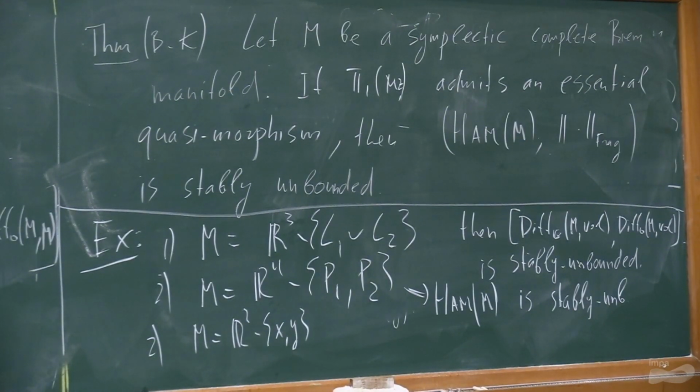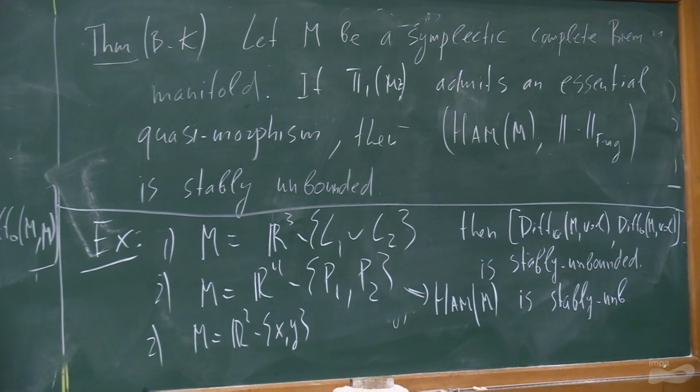So the idea is the following. What I'm going to do is construct a relative quasimorphism on any one of those groups with respect to the fragmentation norm. So this is first.